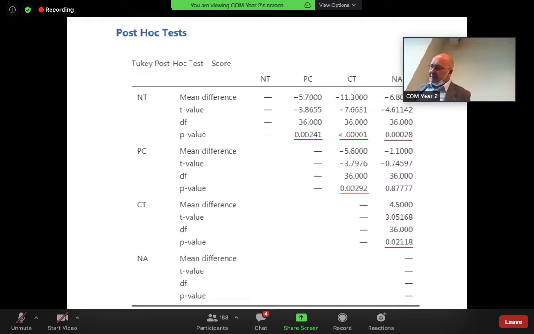And the only one that is not significant is between the placebo control and the new age therapy. This does suggest that new age therapy is really a bit like the placebo. So this p-value here, 0.877, is clearly much greater than 0.05.